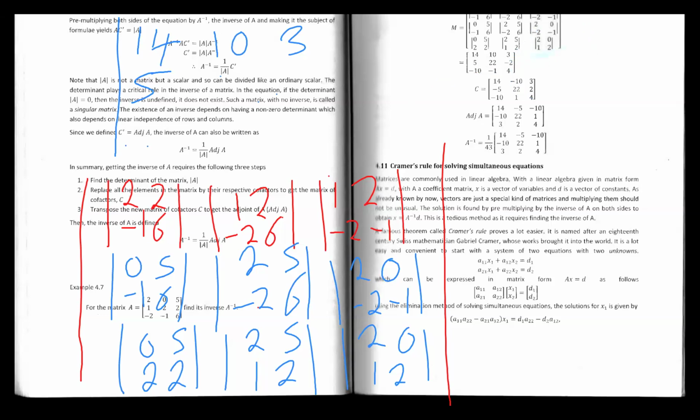So it's negative 2, so it's minus 10, which is 22. Okay. Yes. Then the other one is 2 times negative 1, it's negative 2, minus 0 is negative 2.